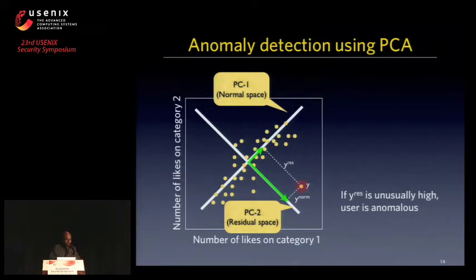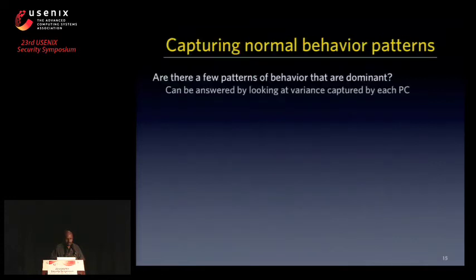Before we jump into actually using this technique to catch anomalous users on Facebook, let's first check our main requirement: whether there are a few normal patterns of behavior in Facebook. We will do that by looking at Facebook's like activity. We define user behavior as the same one I used before, which is the number of likes over many page categories.